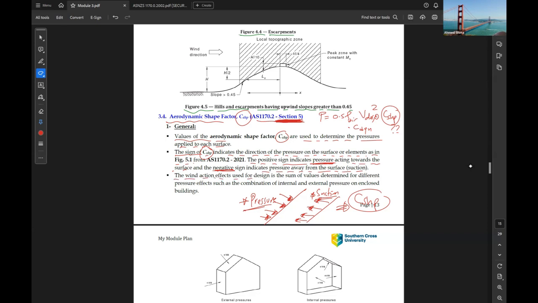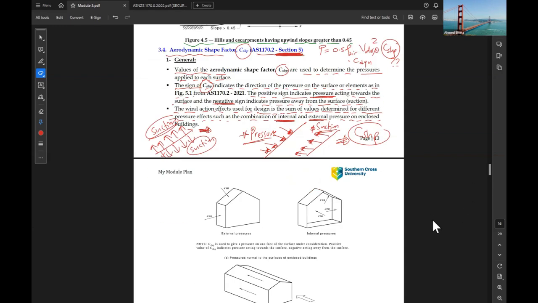The wind action effects used for design is the sum of the values for different pressure effects, such as the combination of internal and external pressure on an enclosed building. So in most cases we have, for example, suction on the external surface and, for example, suction on the internal surface. So the resultant, or the final force, will be the resultant of these two.